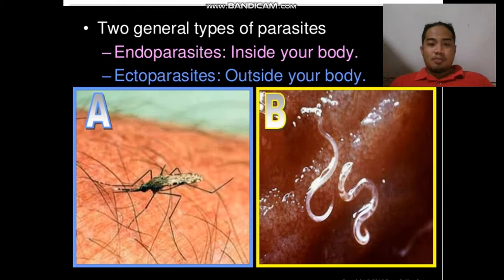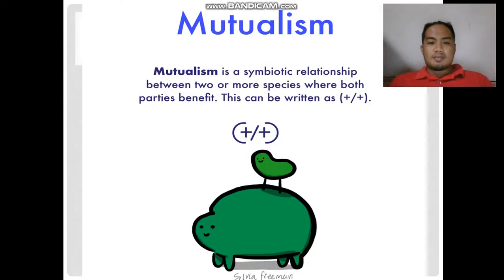Two general types of parasites are endoparasites and ectoparasites. Endoparasites live inside your body and ectoparasites live outside your body. An example of an endoparasite is the ringworm, while an example of an ectoparasite is the mosquito. Okay? Next, mutualism.